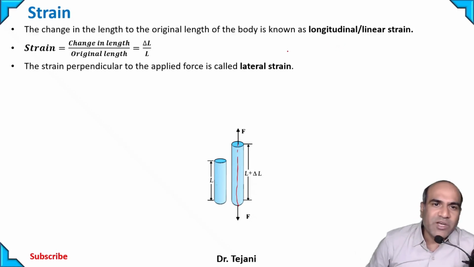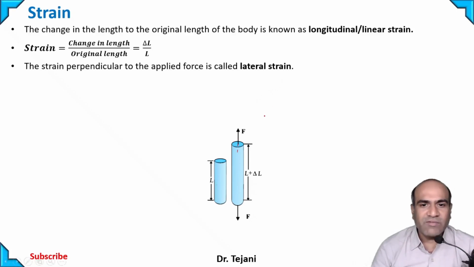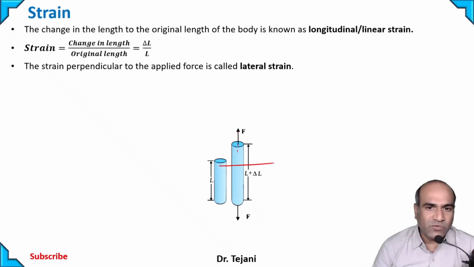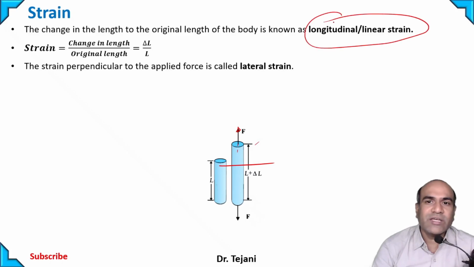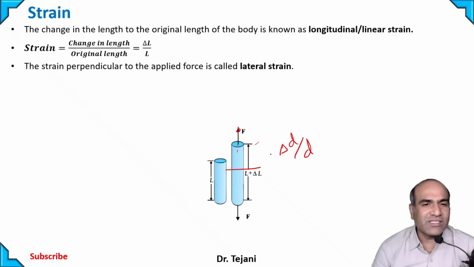The strain perpendicular to the applied force is called lateral strain, but don't worry, as of now we will study this again. Just remember this: strain which is perpendicular to the applied force. So force is applied here. We consider longitudinal, linear, that is along the axis, but if it is perpendicular, the change means change in the diameter. So that is given by delta d by d. We will study this. Just wait.